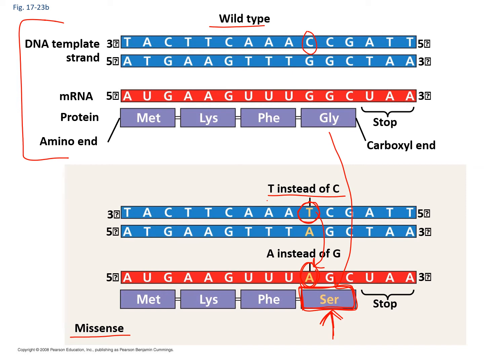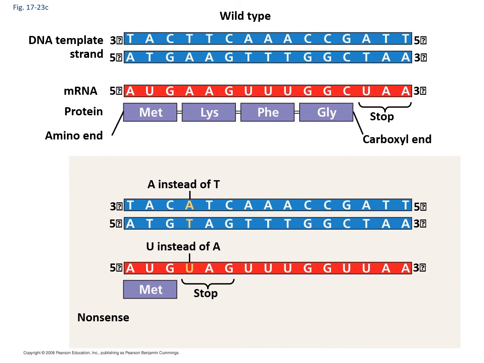Another example of a base substitution mutation is here, where an adenine has been substituted instead of the original thymine. And again, it causes a change in the mRNA, and now what this does is it creates an early stop codon. So for this type of mutation, it's referred to as a nonsense if you generate an early stop.